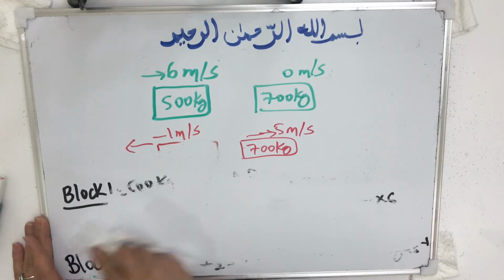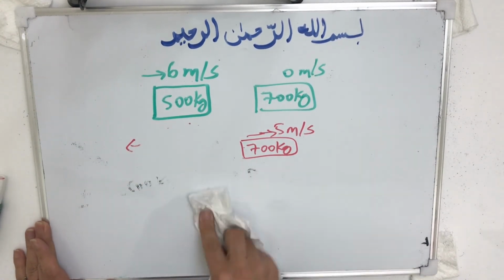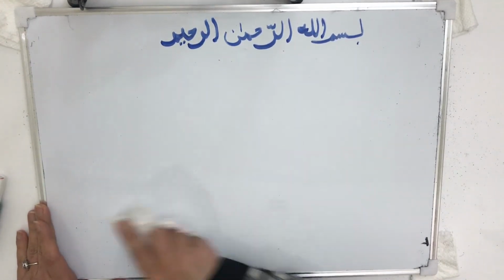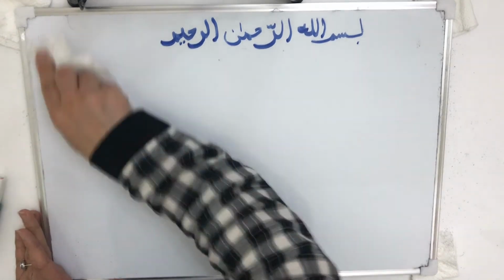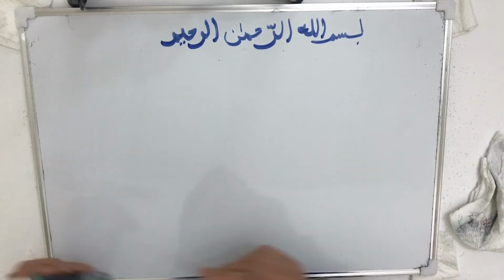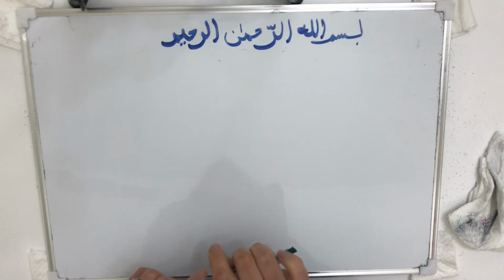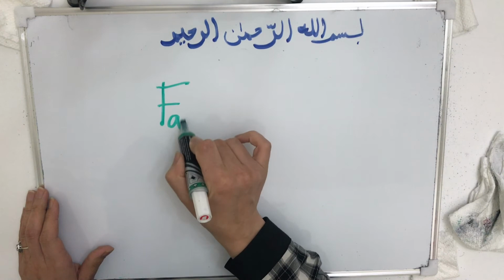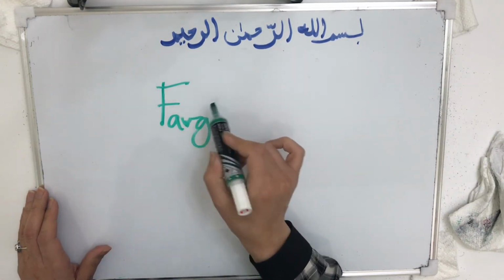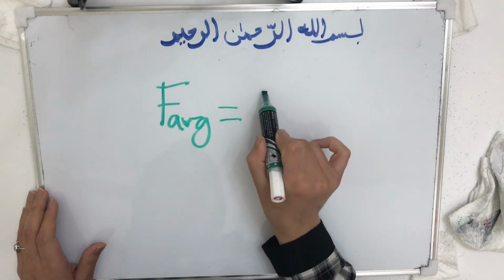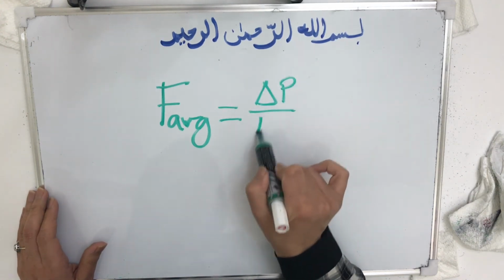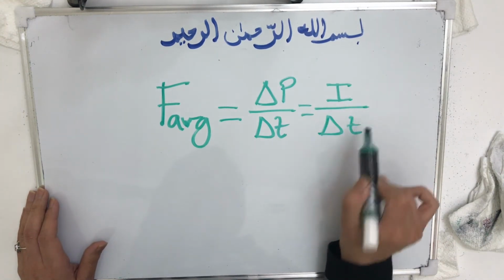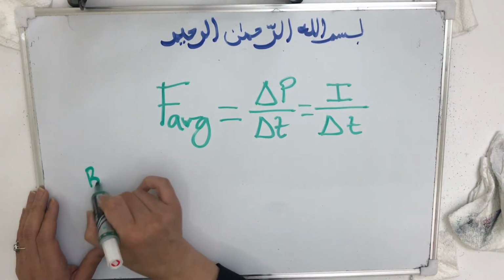Now we have defined impulse, and I showed you that in collisions, the total momentum of the system is conserved. However, for each block we're going to have a delta P, or an impulse, and that delta P, or impulse, is going to help us calculate the average force on each block, and that average force is just delta P over delta T, or impulse over delta T. So we calculated that on block 1.